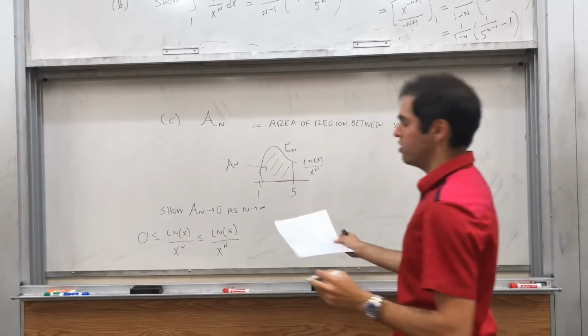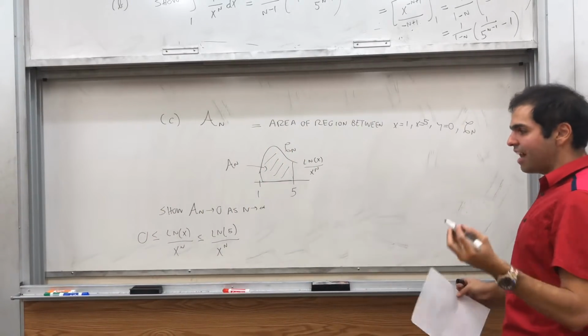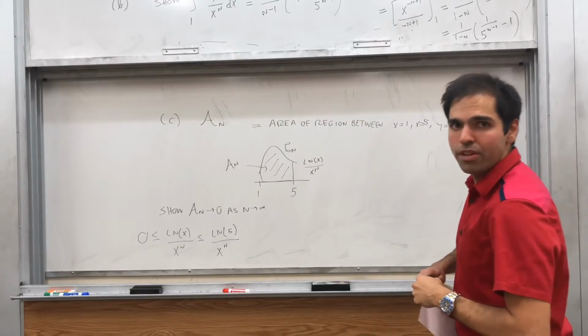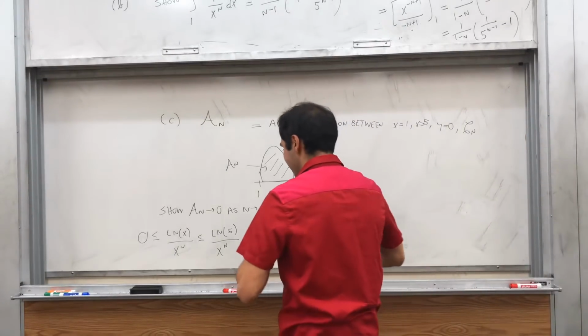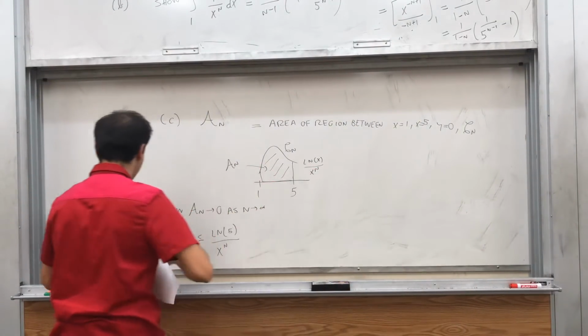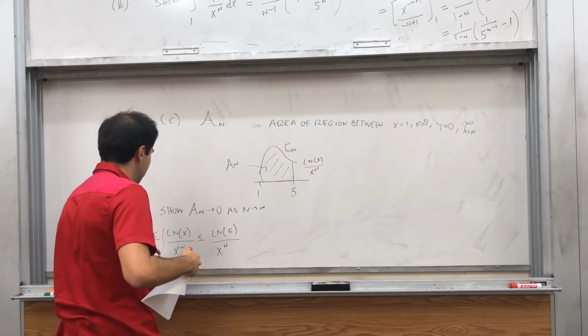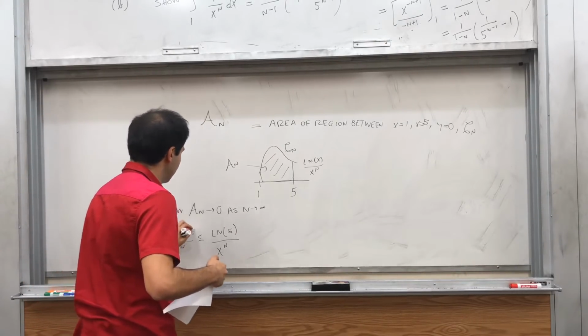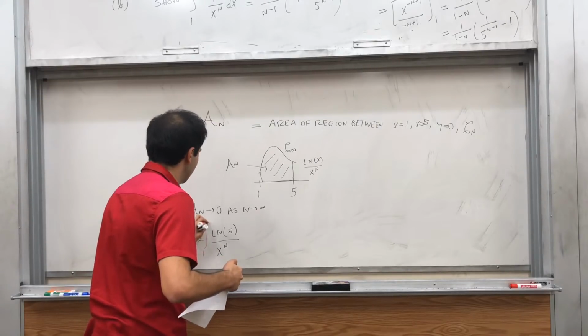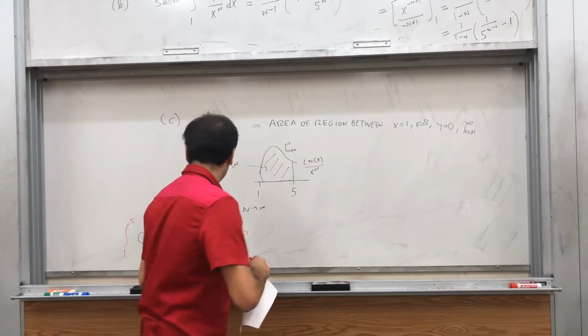We know that this is true by A, and the nice thing about integrals is that we can just integrate an inequality. So if you integrate this from 1 to 5 dx, you get this, 1 to 5 dx, and this from 1 to 5 dx.